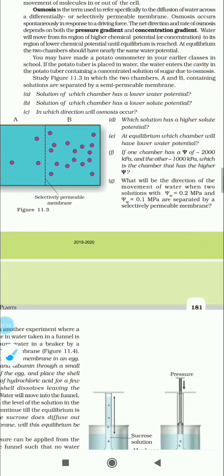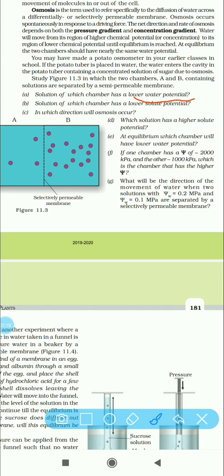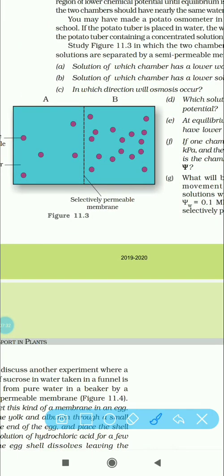There are two chambers A and B. A has less solute, B has more solute, so H2O will be more in A. So the answer is B will have lower water potential, and the water will move from A to B. A has higher psi w, and B has lower psi w. Remember that. You can also keep your textbook with you when you want to see this.